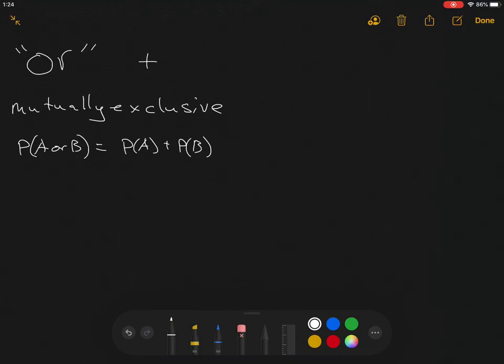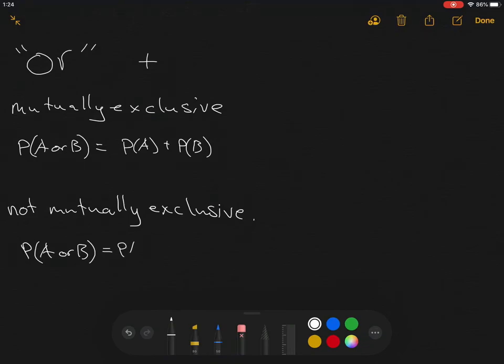The intersection is equal to 0. Whereas if they're not mutually exclusive, then you had probability of A or B is equal to probability of A plus probability of B minus one copy of their intersection, A and B, right? So that's with the word or.